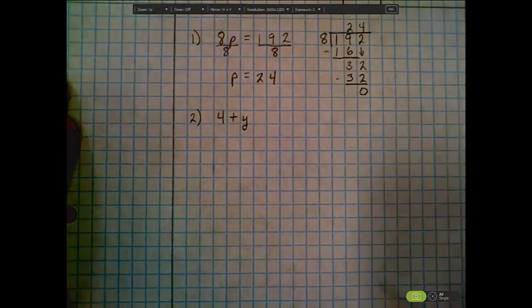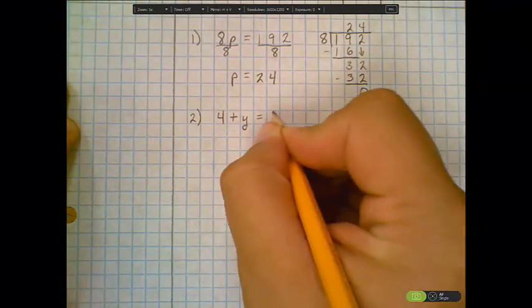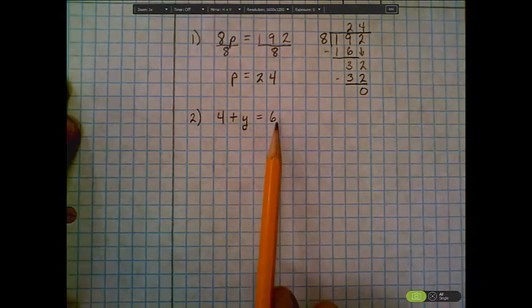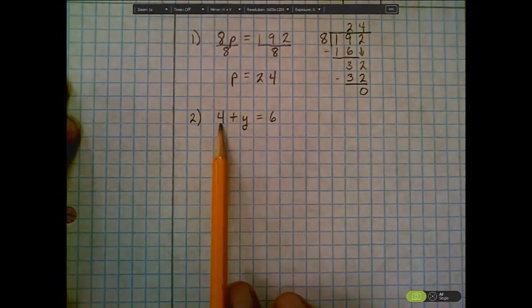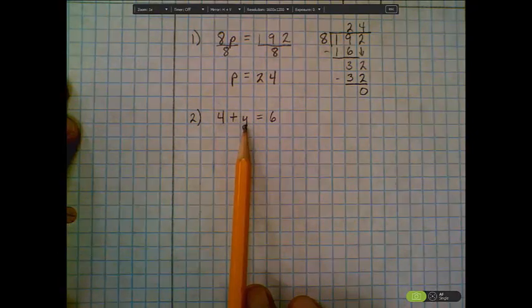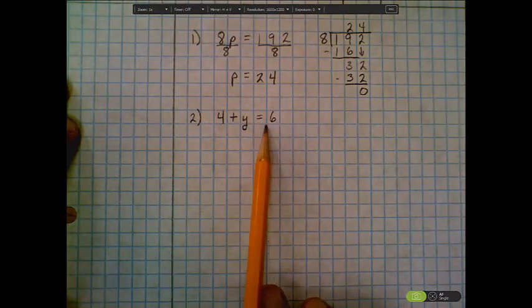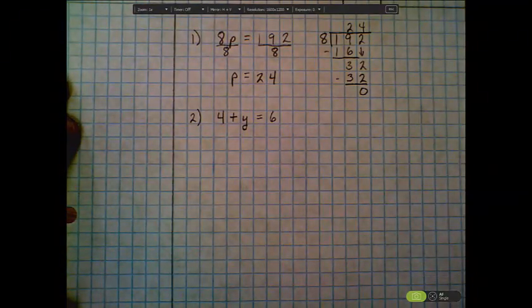We know that the total amount that he ate today was 6. So the total amount is the 4 more plus what he ate yesterday, and that value is going to equal 6 because we know the total amount that he ate today was 6.